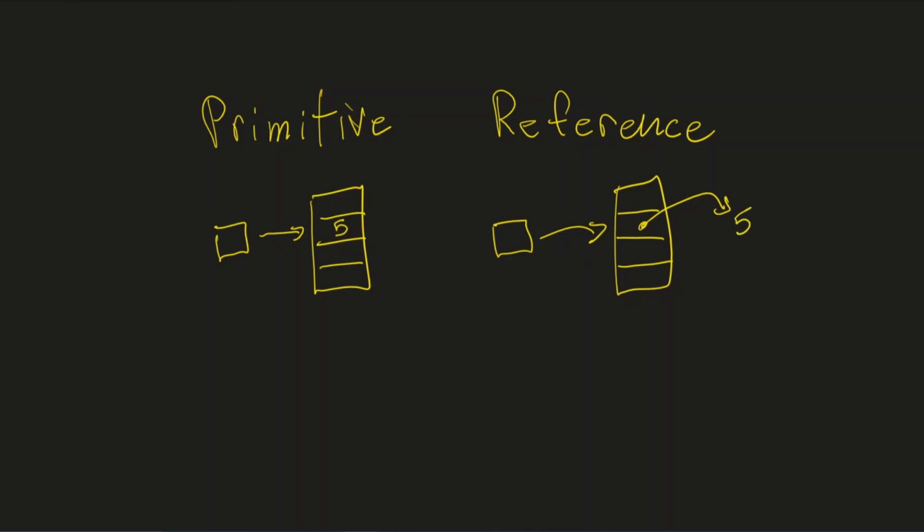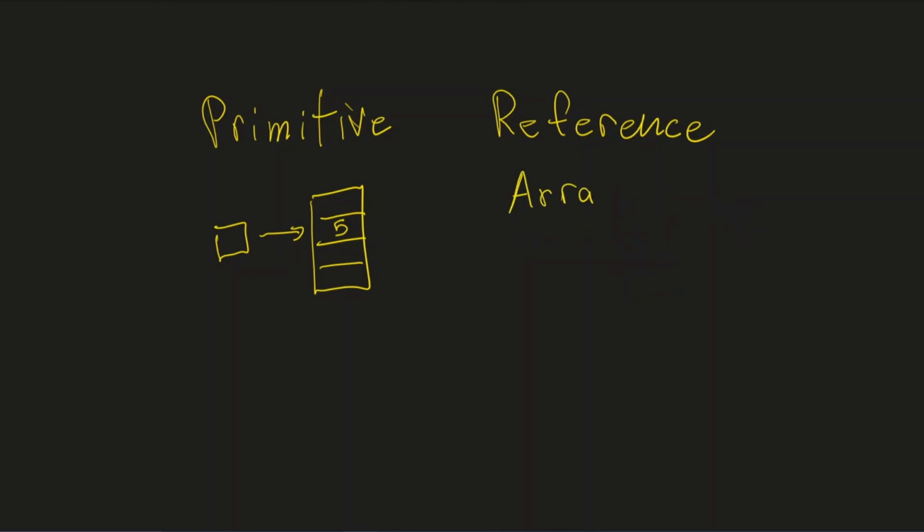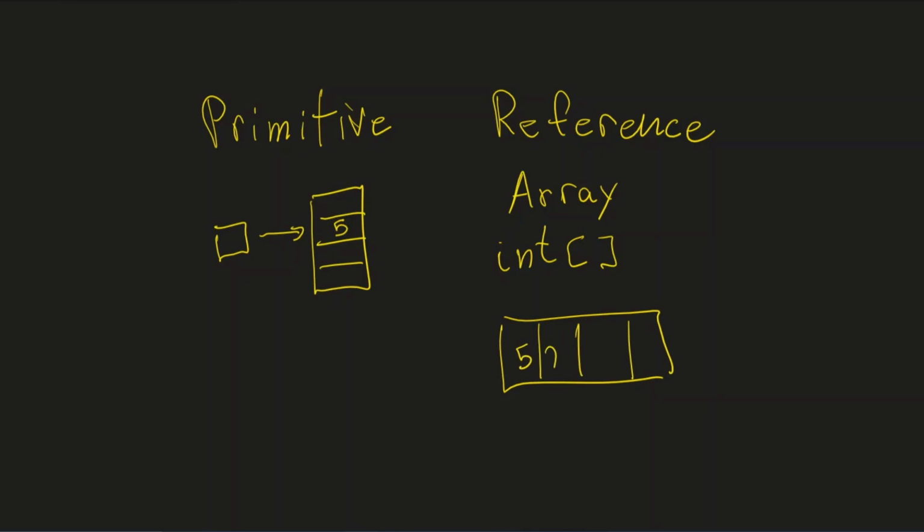So why might we do something like this? I think this can be illustrated pretty well with the array. The array is nothing more than a collection of other data types. So we can have an int array, and all this is a collection of integer data types. Here we can store a 5, a 29, a 4, and a 0.